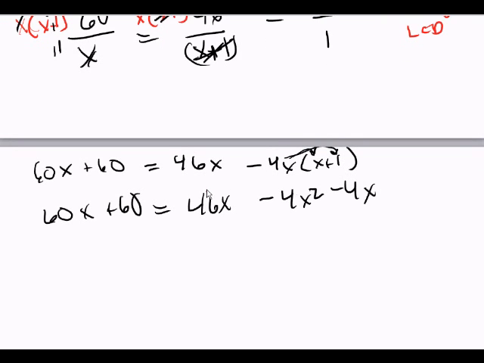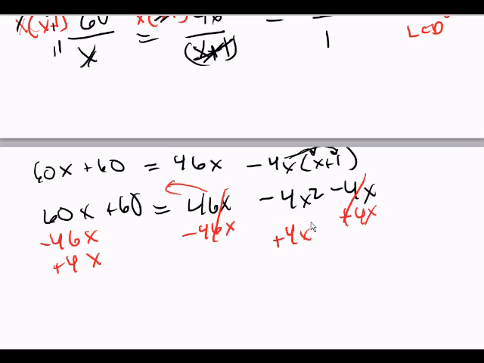And now you need to get everything to one side. Take this over by minusing 46x. Minusing 46x, I'm putting it right underneath the other x's. Plus 4x here, plus 4x here. Those cancel.